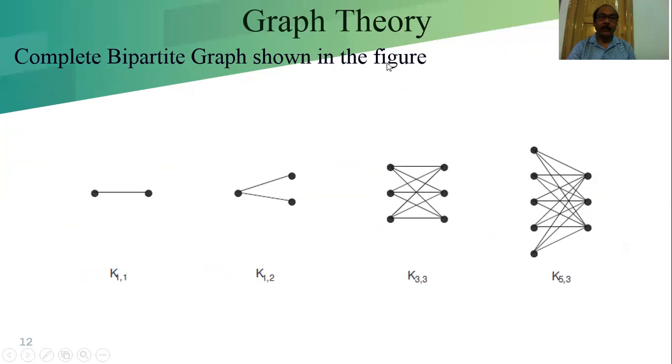Complete bipartite graphs shown in figure C. This is K1,1. This is K1,2. This is K3,3. This is K5,3, but it should be turned and it should be K3,5.